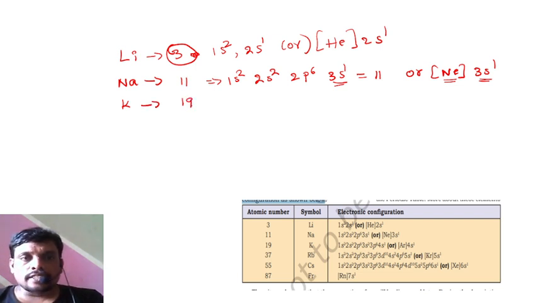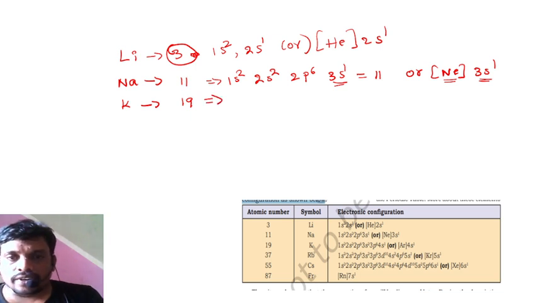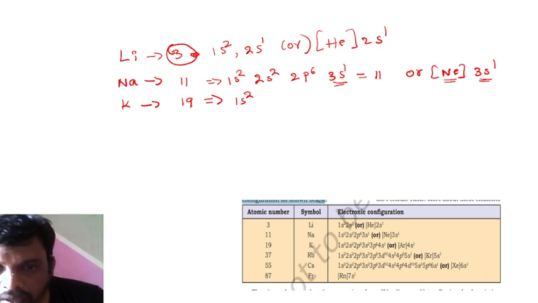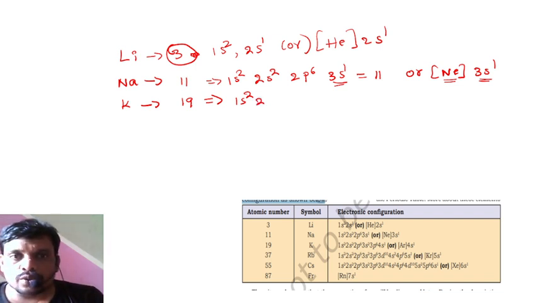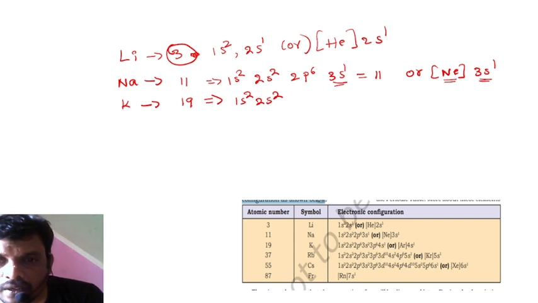Atomic number is 19. Electronic configuration is, in 1s 2 electrons are filled. In 2s 2 electrons are filled, and in 2p 6 electrons are filled.